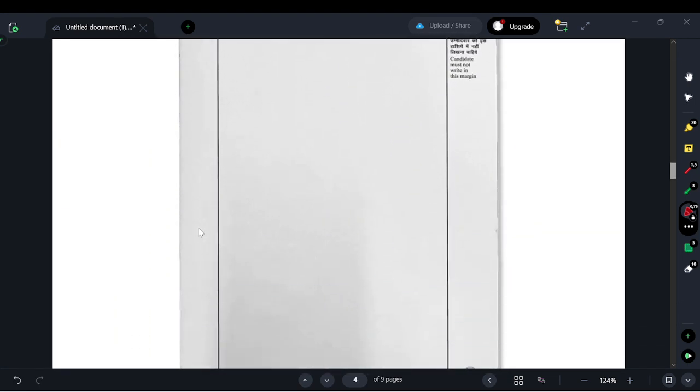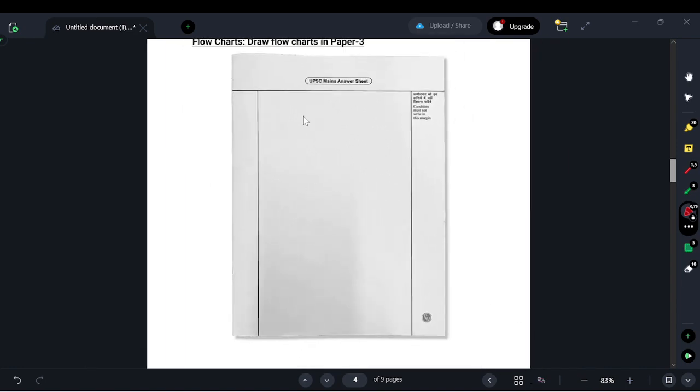This is just an example of the kind of sheet that they provide you. This is a kind of UPSC mains answer sheet. They have these margins here, and you have to write in between these only, right? For each question, they will write the question here. For question number 1, they will write the question here, and if it is 5 marks, it is this page only.